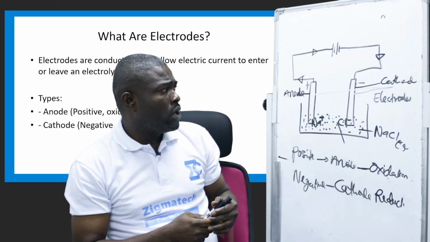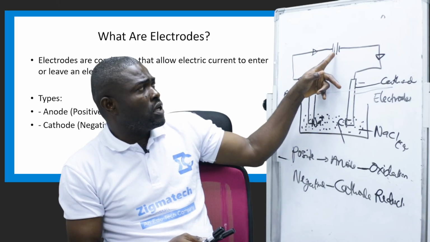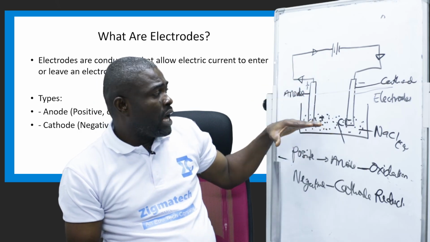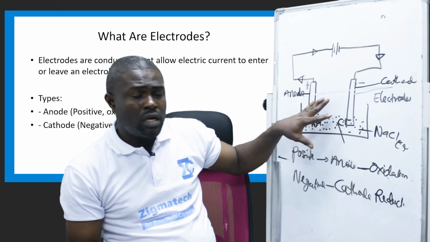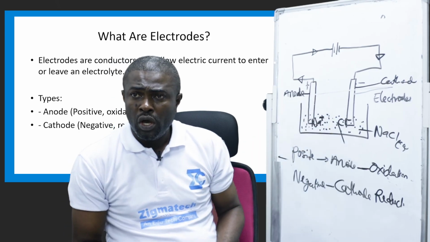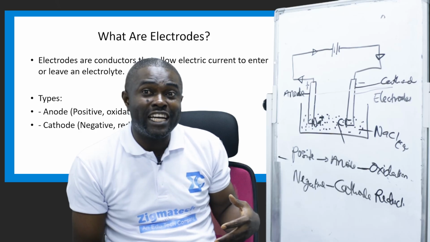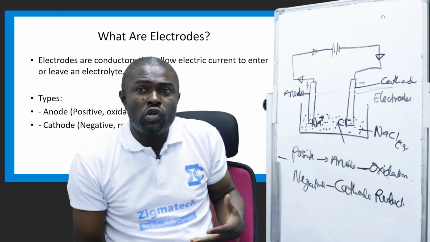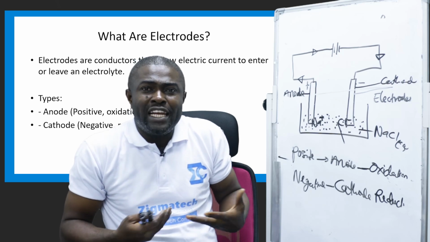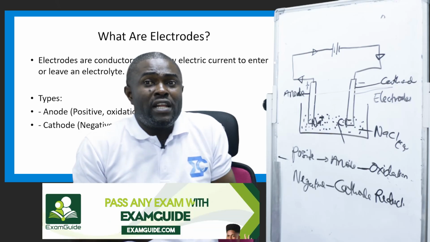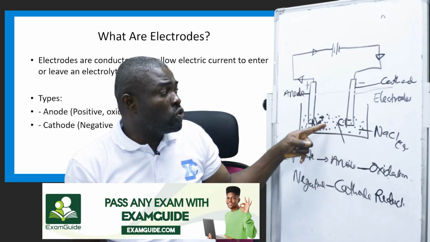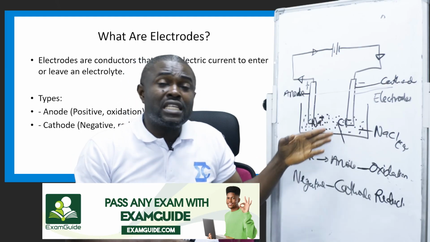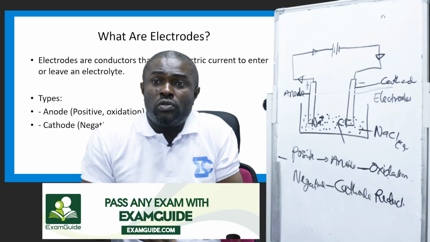When this current comes through this point and enters here, at the end of the process, chemicals are produced, which we are going to discuss in the next segment, where we shall be showing what is happening during electrolysis. You will discover that as the current is passing through this electrolyte, the electrolyte itself gets decomposed.